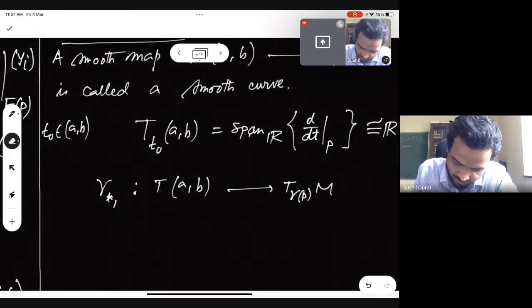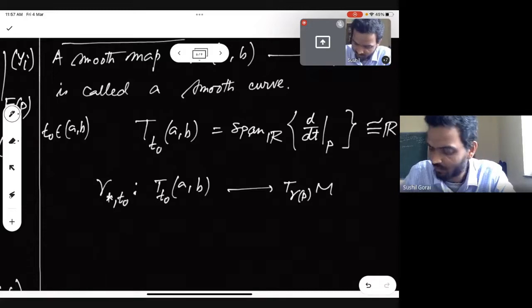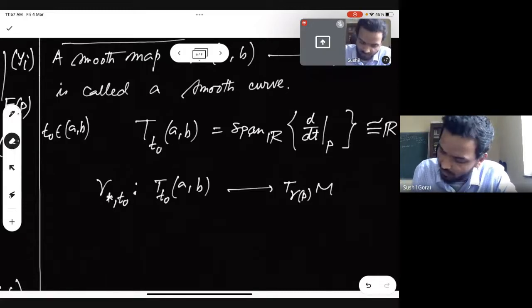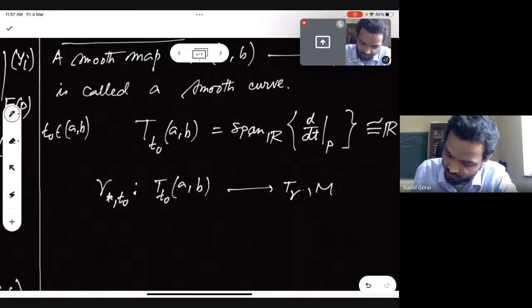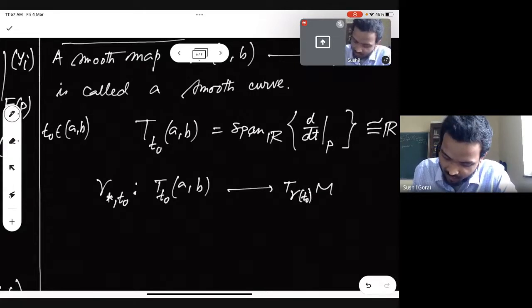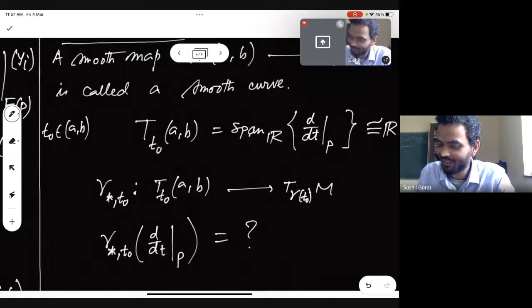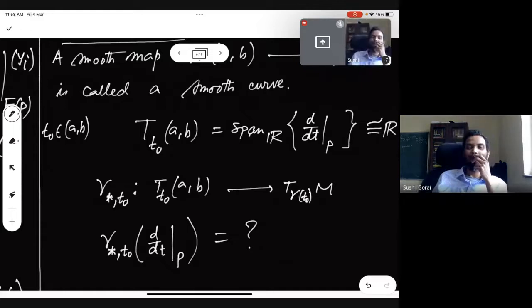So this is t naught, and this is gamma(t naught). Now what do you think this will be?